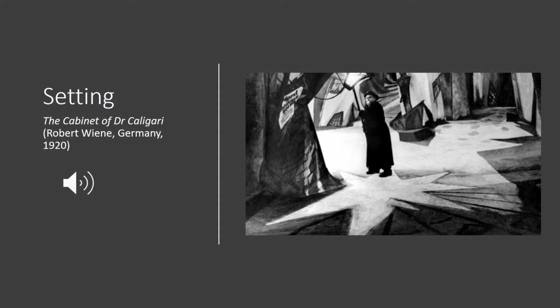Sometimes setting is a little bit ambiguous, so perhaps you think you're going to watch a western film, but it turns out to be a musical, or a science fiction film turns out to be something else completely different. But it's usually a very good indication of the kind of film we're about to watch.